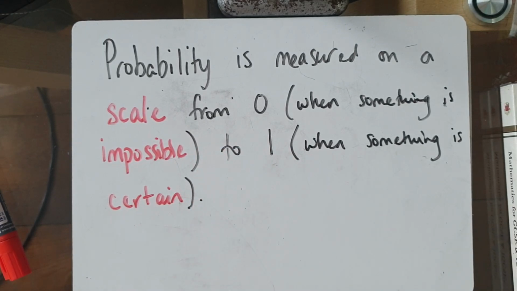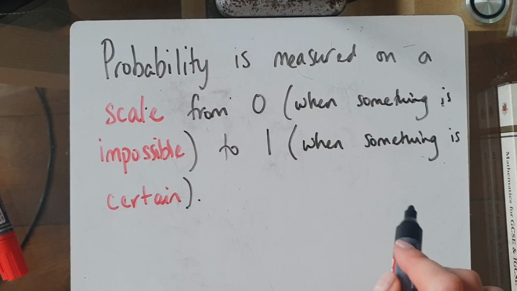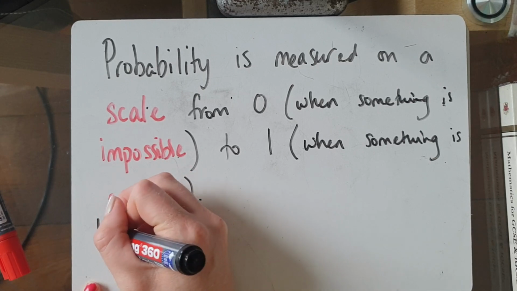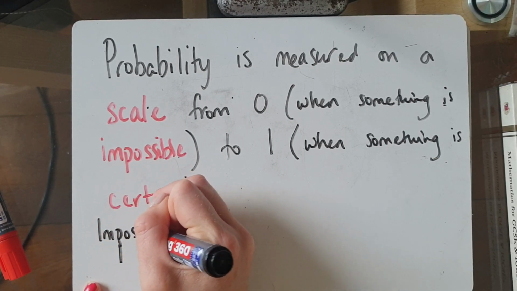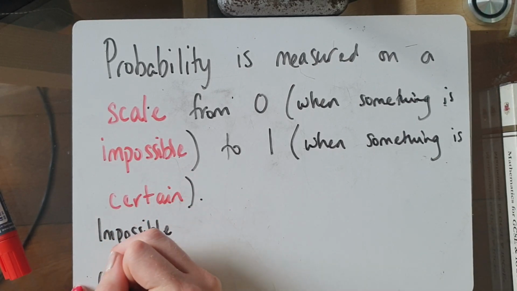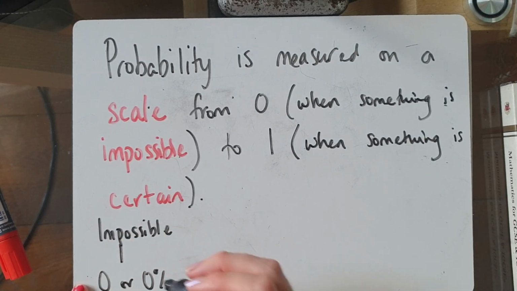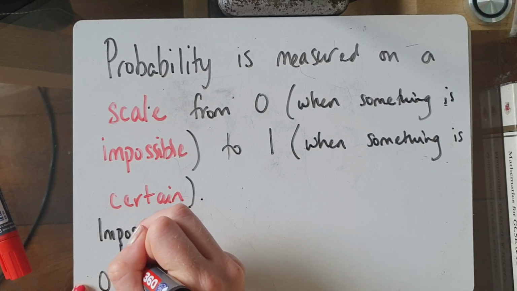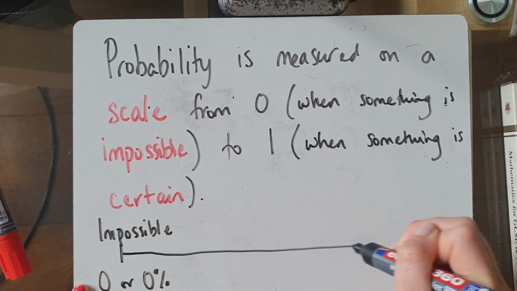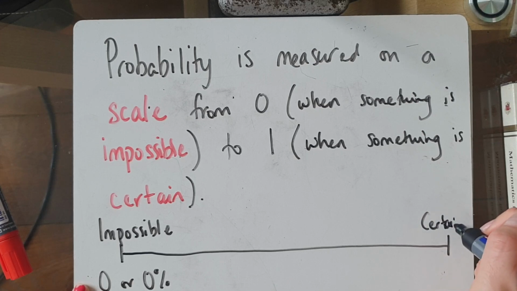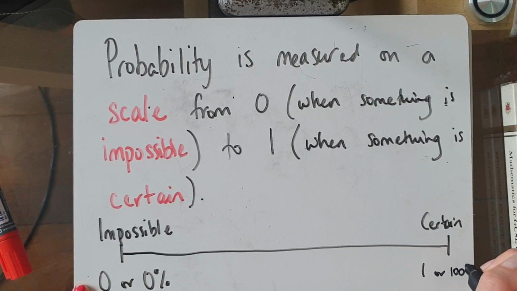And we can draw a probability scale. So get this copied down, please. We can say that something is impossible if it is 0 or 0%, because we can write probabilities in terms of percentage as well, all the way up to certain, which is 1 or 100%.